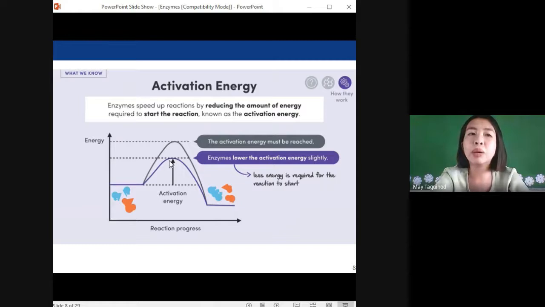You need to exert effort to reach the peak of the hill, just like what enzymes do. In every reaction, to get from substrate to product, the activation energy must be reached. Enzymes lower the activation energy slightly so that less energy is required for the reaction to start.